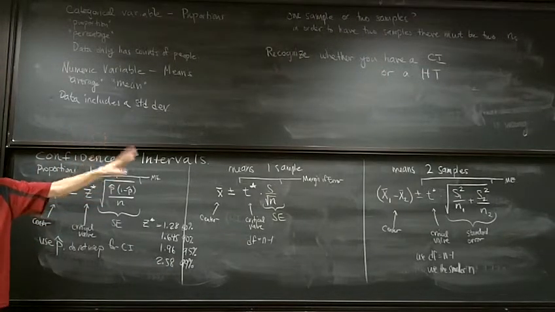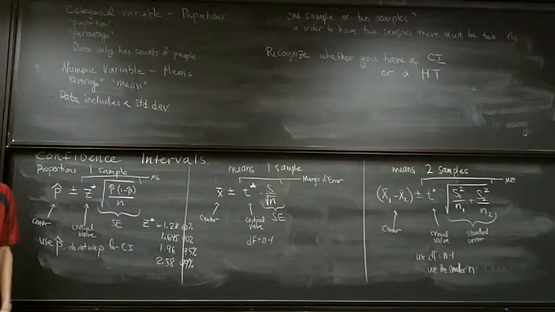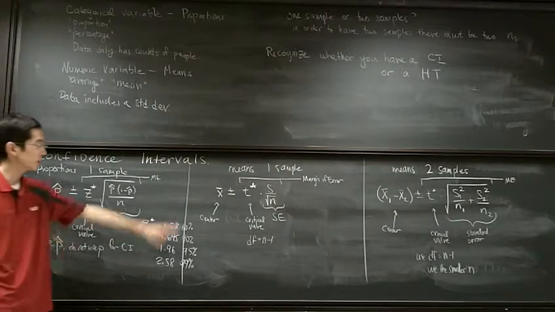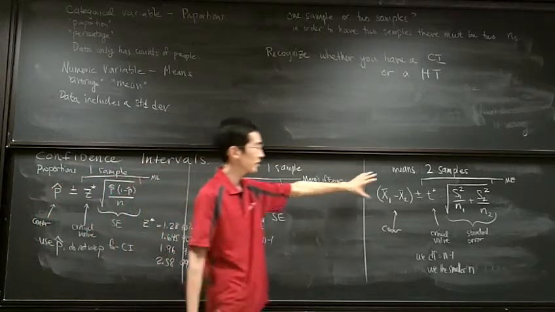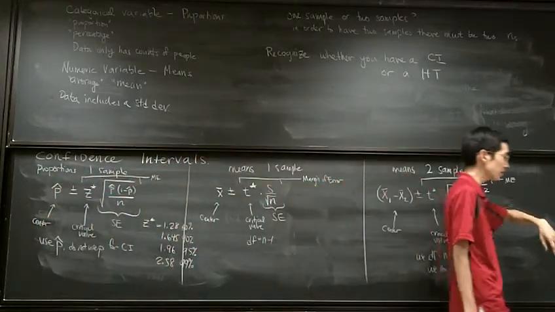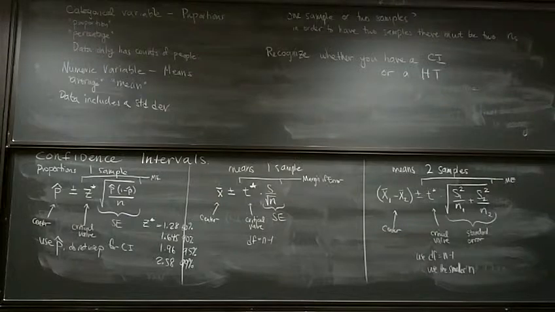Proportion one sample, mean one sample, means two samples. Mean one sample, this one. Over here, for means of two samples, it would say, does the confidence interval provide evidence of a difference between the means?